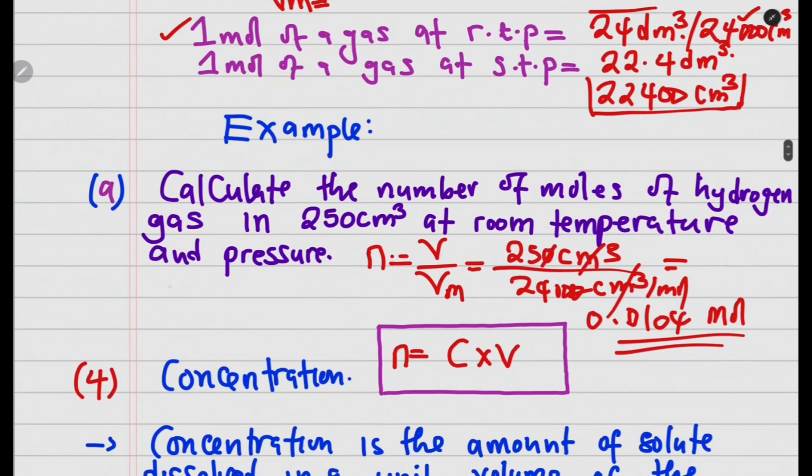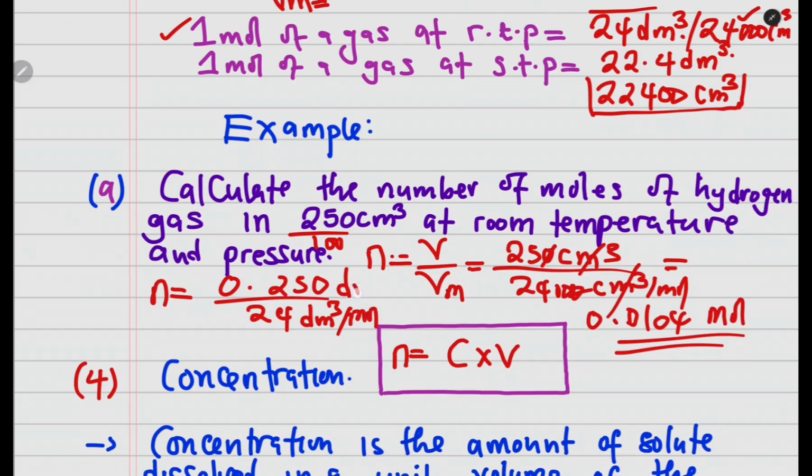But if you want, you can use decimeter, where you just convert this 250 into decimeter by dividing it by 1,000. So this should give you 0.250 divided by 24 decimeter cubed per mole. You should be able to find the same answer.